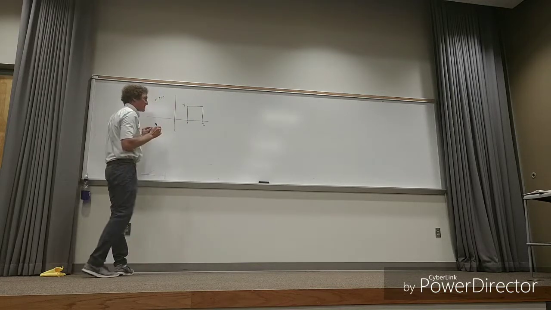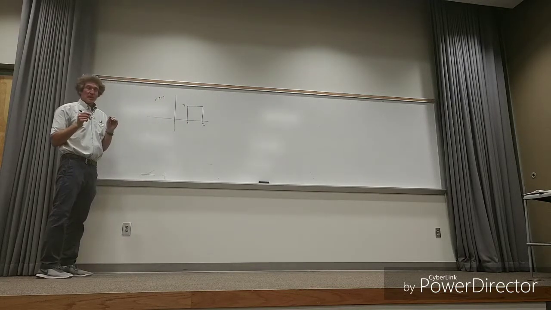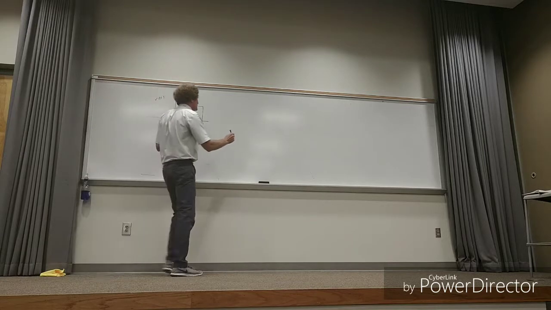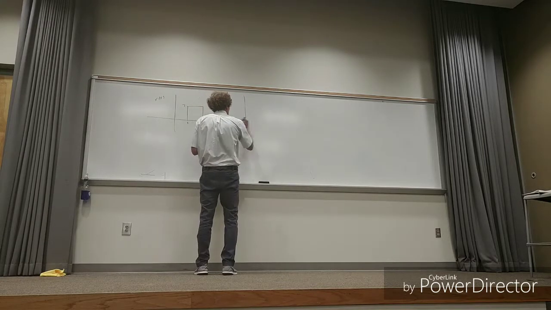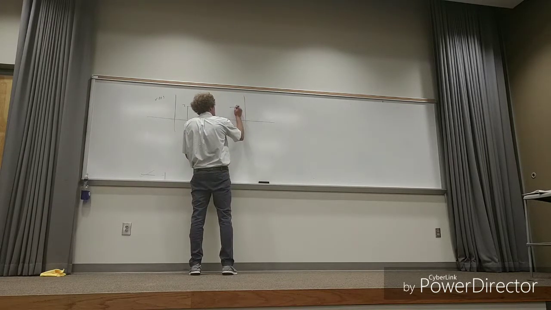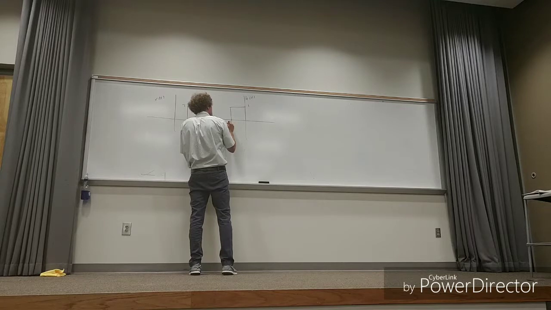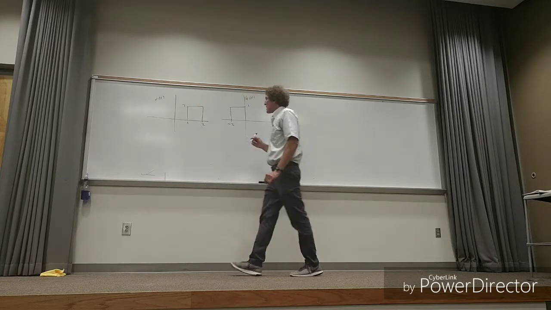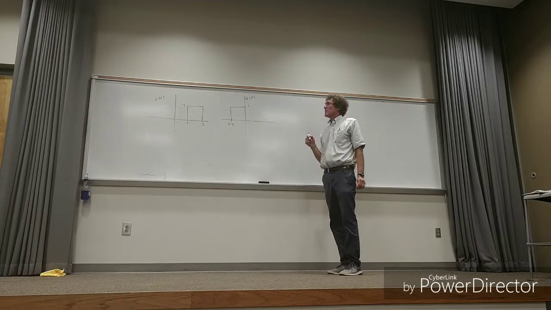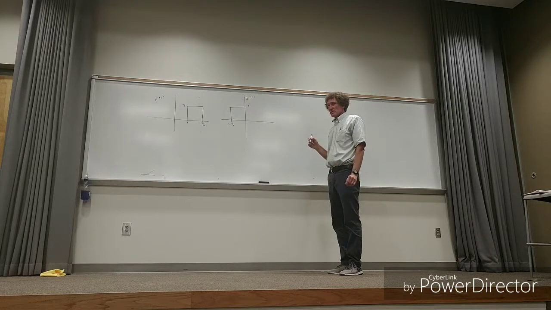This is x of t. And my second function is going to be this. I give these problems. All right. And I ask for the convolution of x of t and h of t.